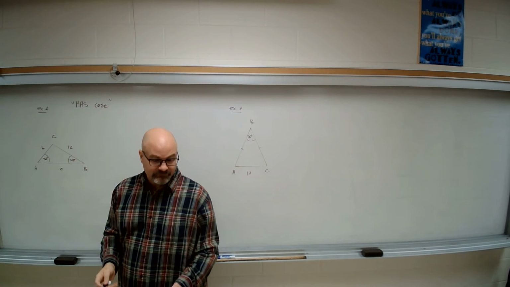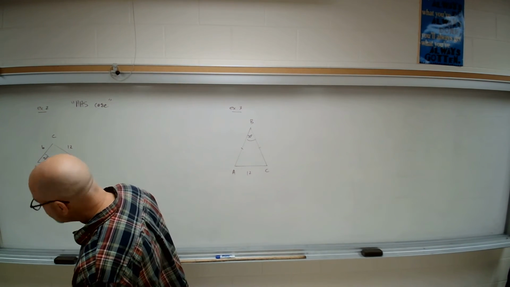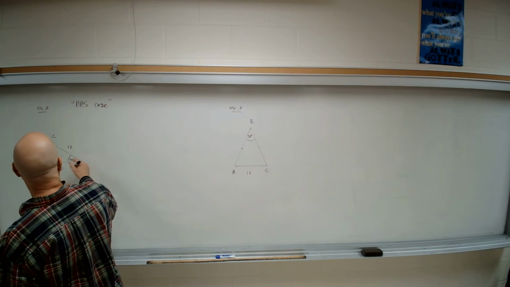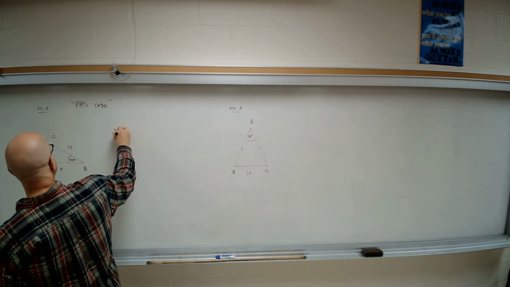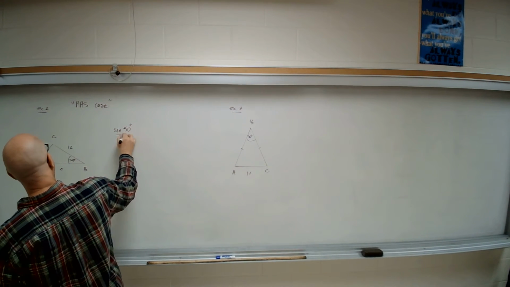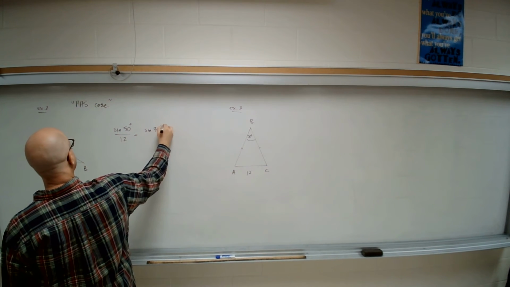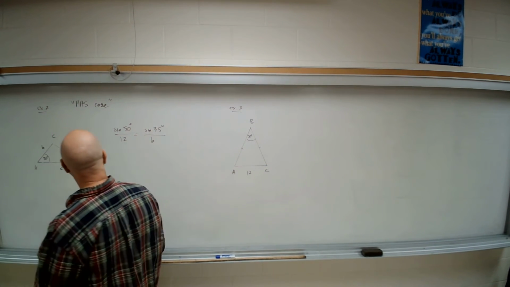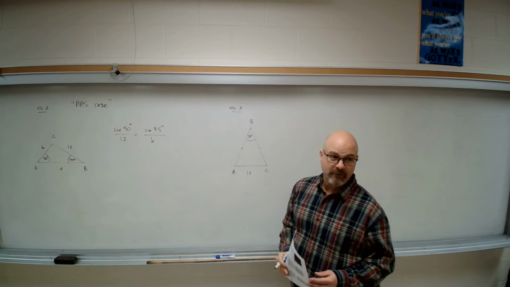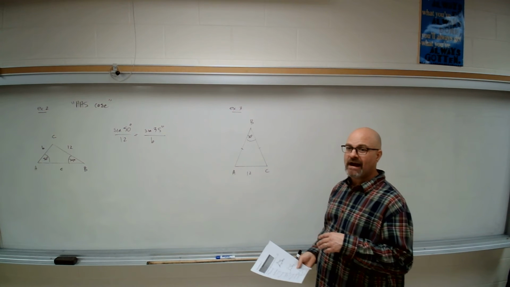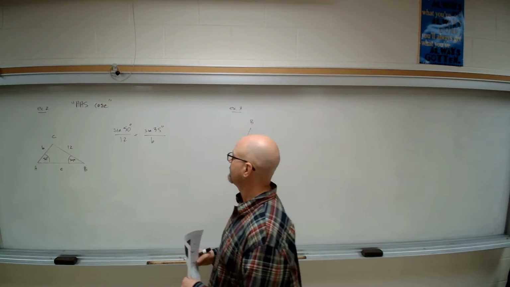That's important to note. Because of that, I could right away set up the sine of 50 degrees over 12, and the other angle we know, the sine of 35 degrees over little b. So that's the first ratio I would set up. That's going to give us one of our sides. Now we are going to have to find the other angle, but that's not real difficult.